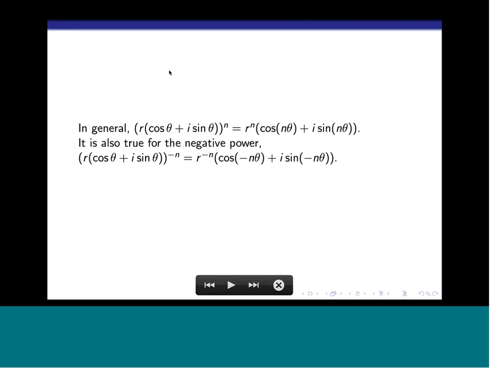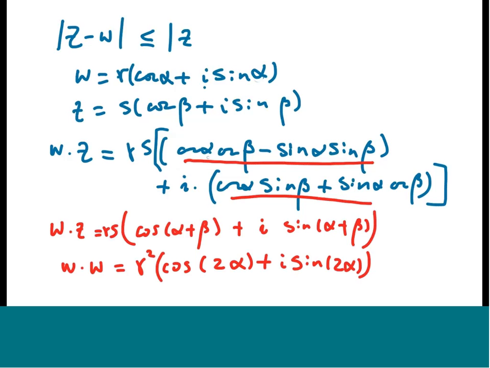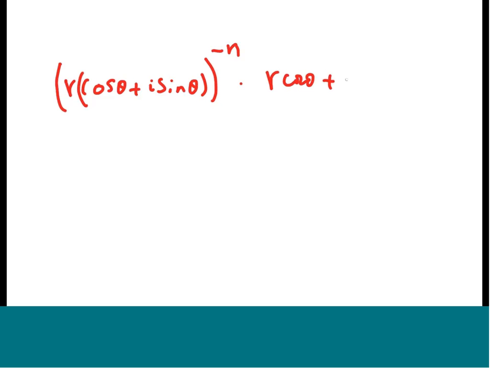We have the positive integers, then we can do negative integers. How do you do the negative integers? You say R cosine theta plus I sine theta to the negative n, I don't know what it is, so I just multiply it.